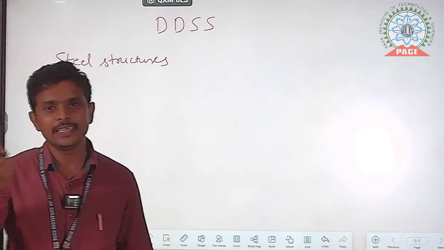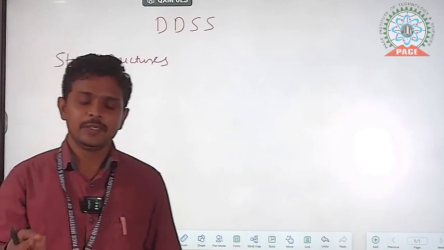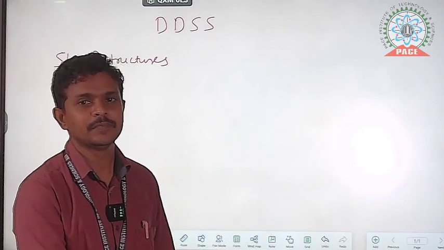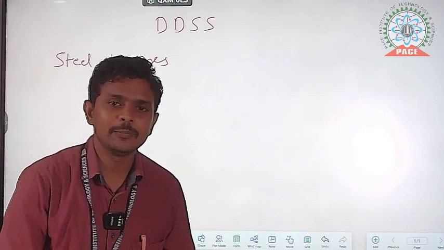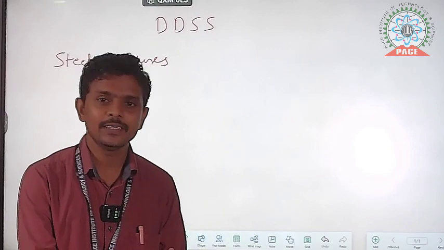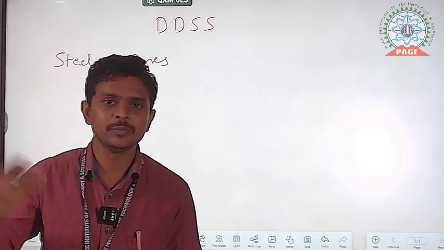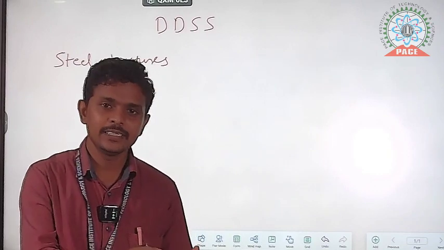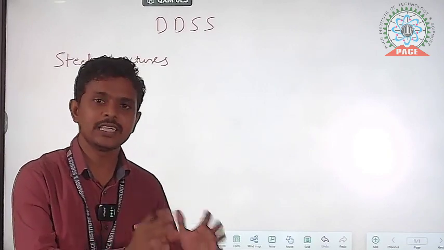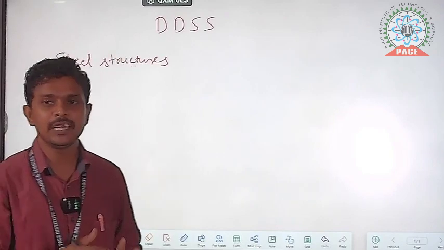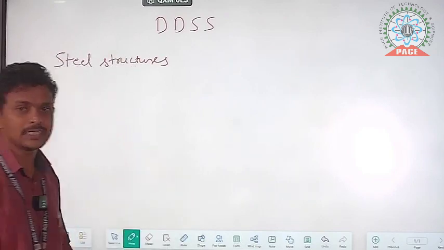We have to take the iron, then melt that iron, so it will form like a liquid type. Then if we add the carbon, that iron will transform to steel. If we add the carbon percentage more, automatically the steel strength also will get more. So that is, the steel will come from the iron ores. So that is the steel.